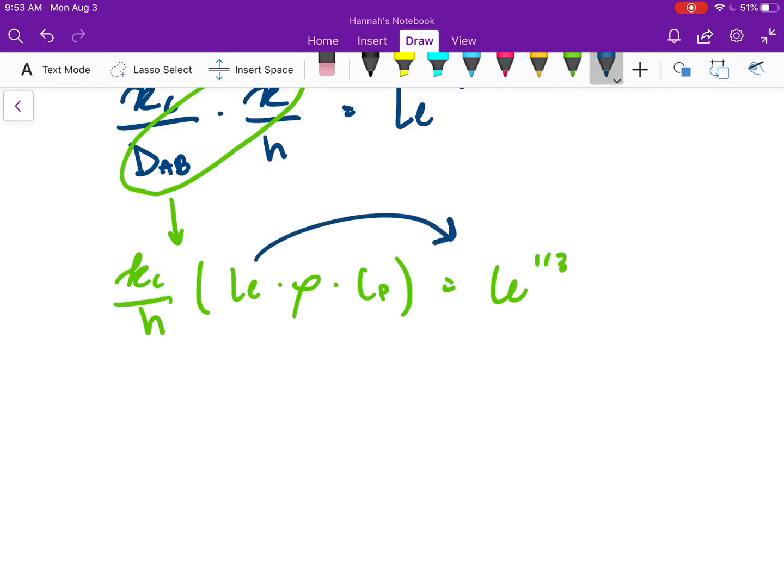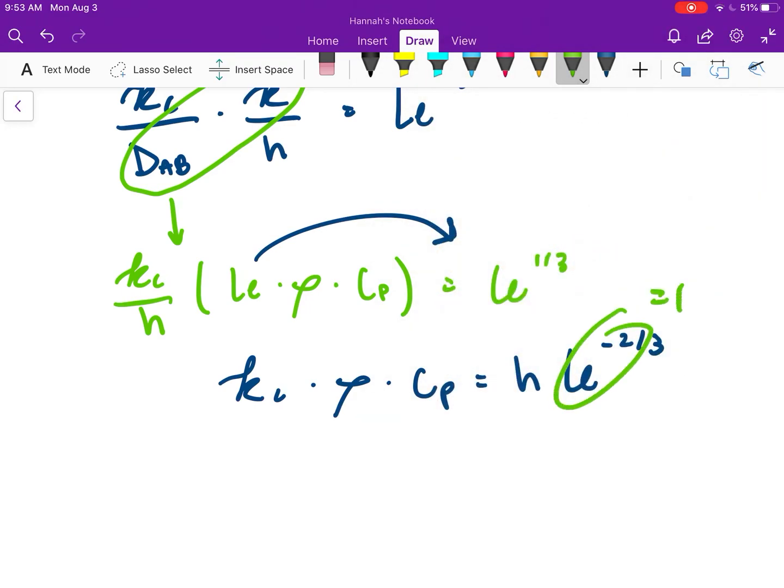Move that over there. And now we have the h so it's not in the denominator. Heat capacity. You have Lewis number to the -2/3. And as given in the problem statement, we know that this is just equal to 1.